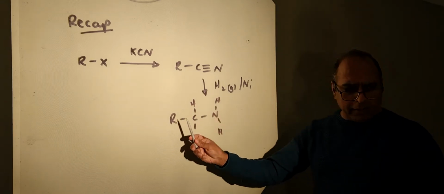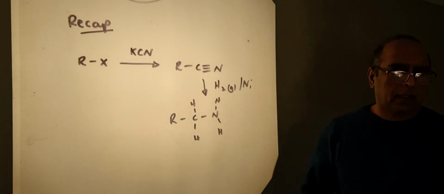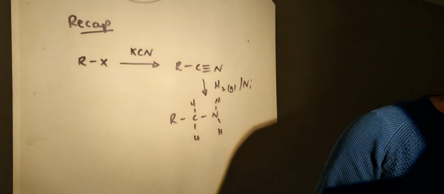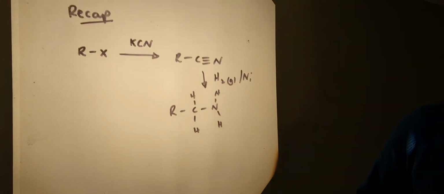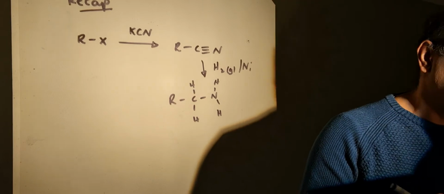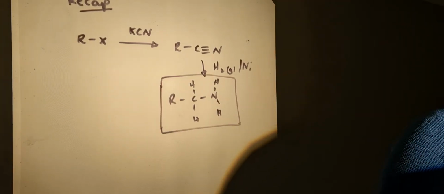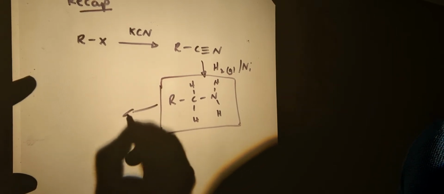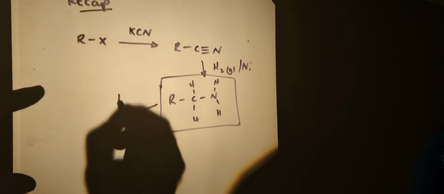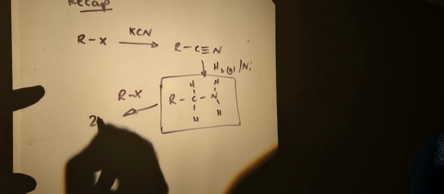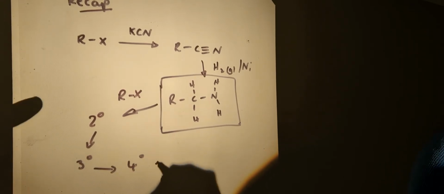This primary amine is formed as a consequence of that, and the primary amine that you get is useful because that primary amine, we can react that with haloalkanes, maybe a different haloalkane, and turn it into a secondary, and then tertiary, and quaternary ammonium ion.